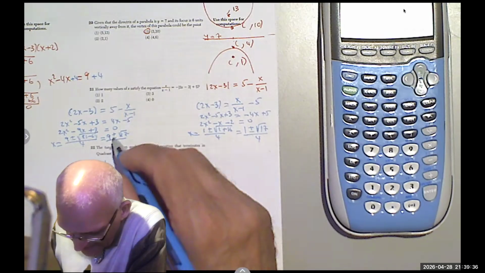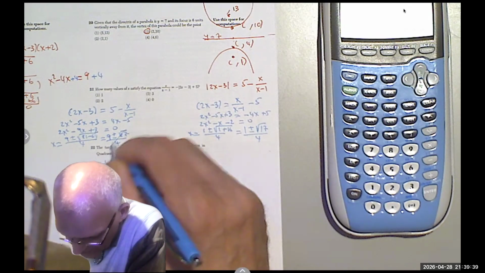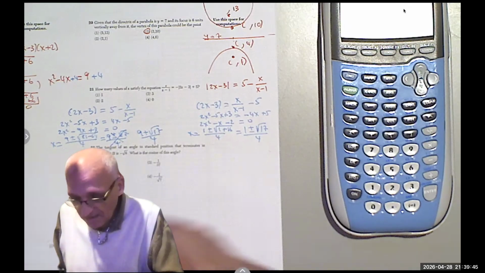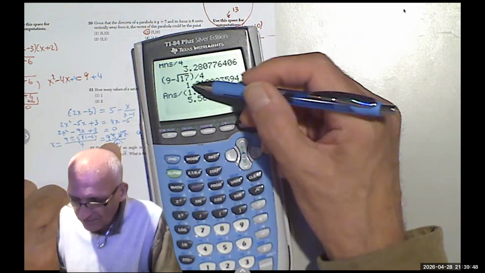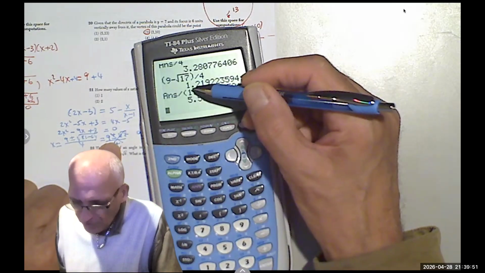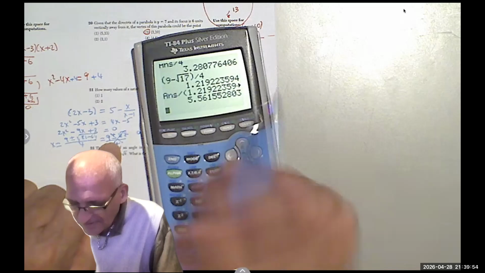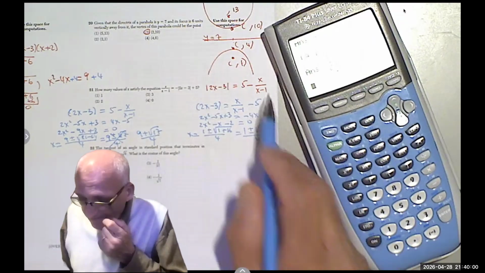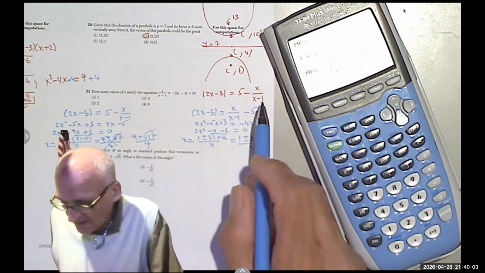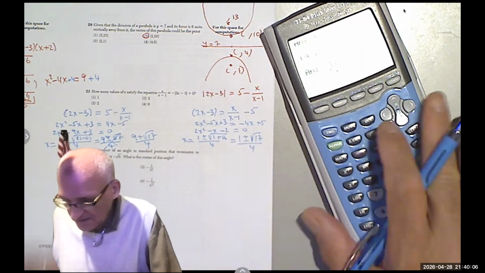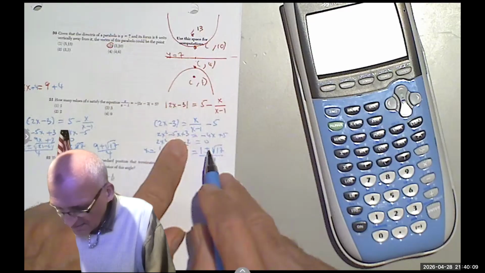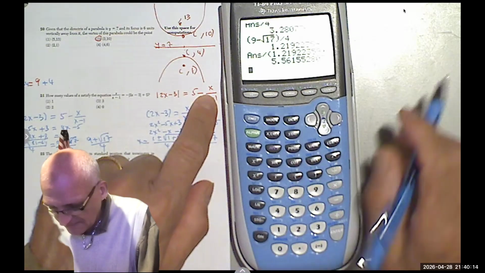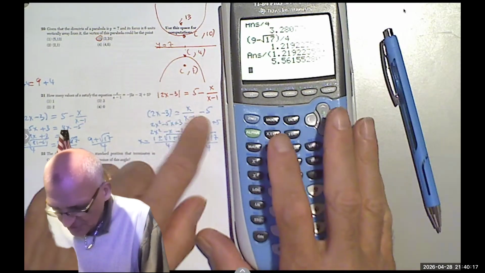So I exclude 9 minus, so this would be only 9 plus root 17 over 4. You see why? It's 9 minus root 17 over 4 is 1.21. If you divide it by 0.219, you get a value greater than 5. So subtracting x over x minus 1 will be a negative quantity. When you are here, this has to be greater than 5 for this to be positive. I'm sorry, this also, yeah, this has to be greater than 5.